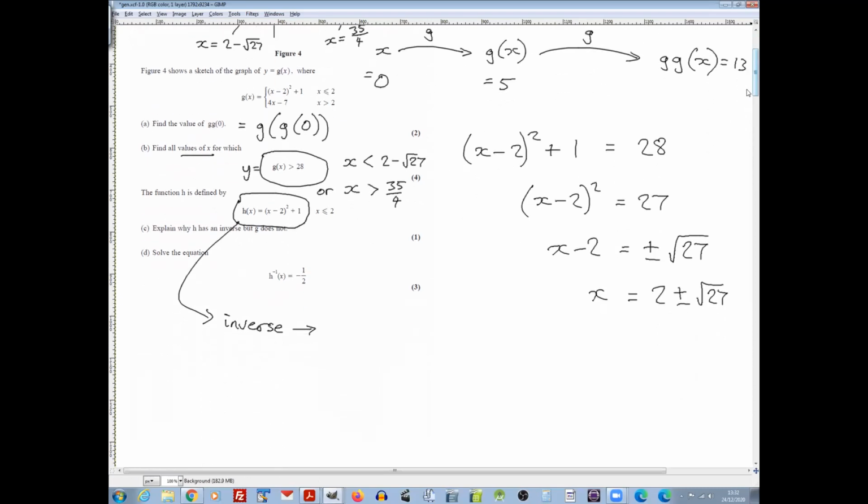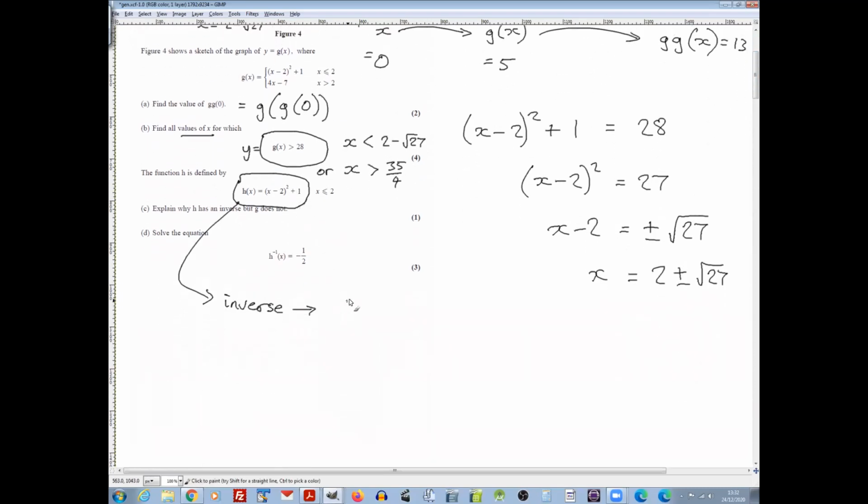So, for that reason, the algebra is a case of, first of all, you say, okay, well, that would be y equals that function of x. And the routine then is just to switch x and y. Say x is y minus 2 all squared plus 1.